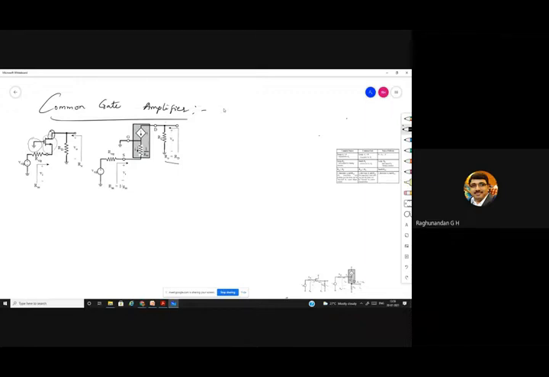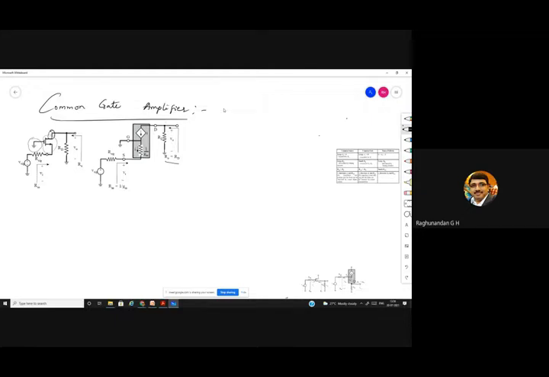And one thing you should remember, the common source amplifier is the amplifier which is used for amplification purposes. Even though we have the common gate amplifier, we are just analyzing it to know how best it can perform, or what is the maximum gain that it can give out.